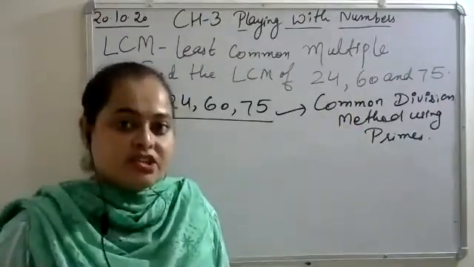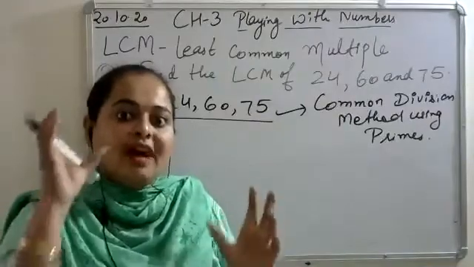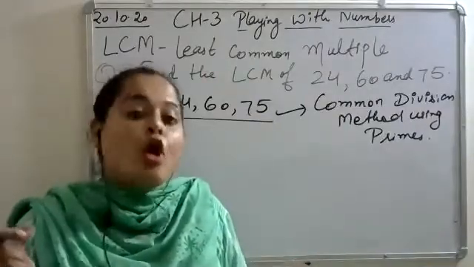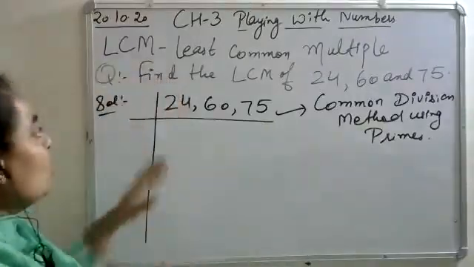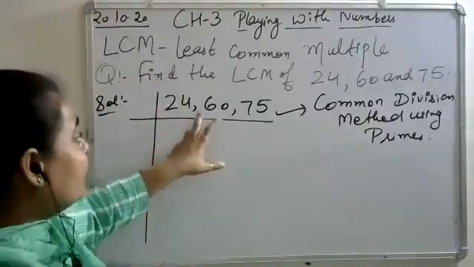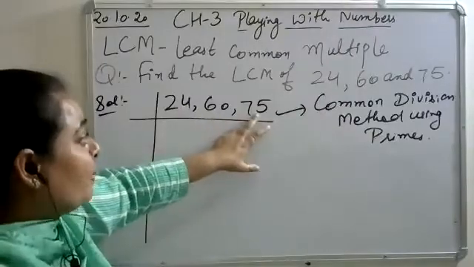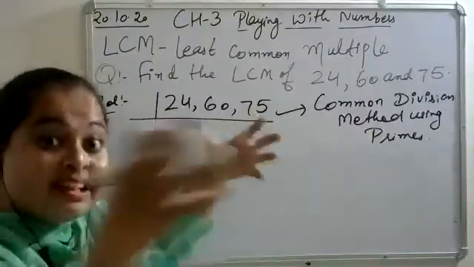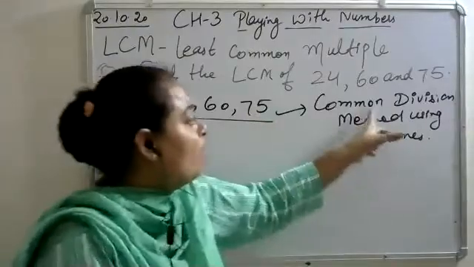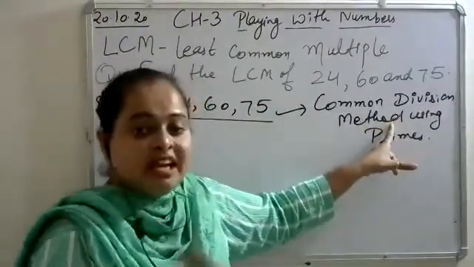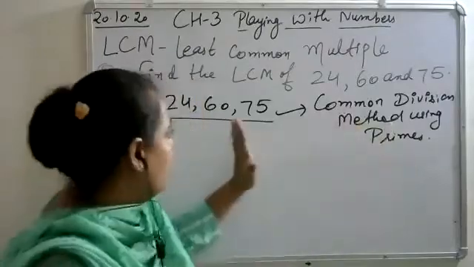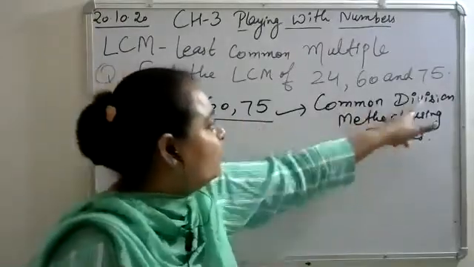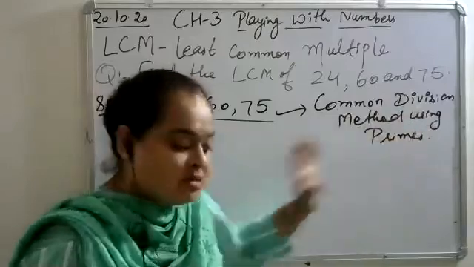Prime factorization means find out the prime factors of all the numbers separately. But when you find out the prime factors together, this method is common division method using primes.